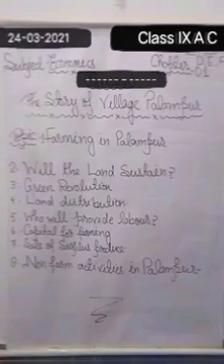Okay? And finally, last topic of this chapter is non-farm activities in Palampur. So, dairy farming, small scale manufacturing, shopkeeping and transportation are the non-farm activities in Palampur which are started by the people.